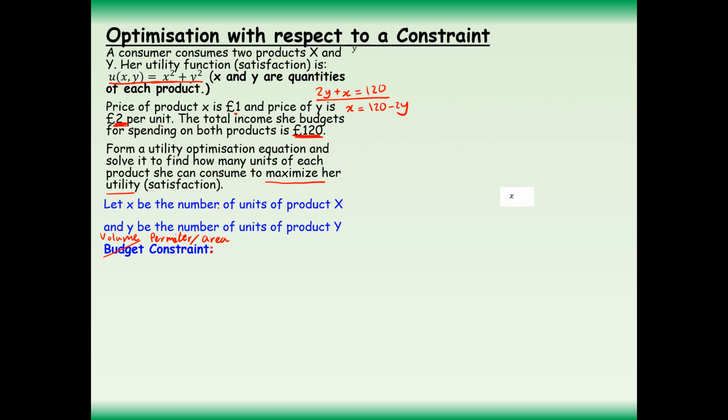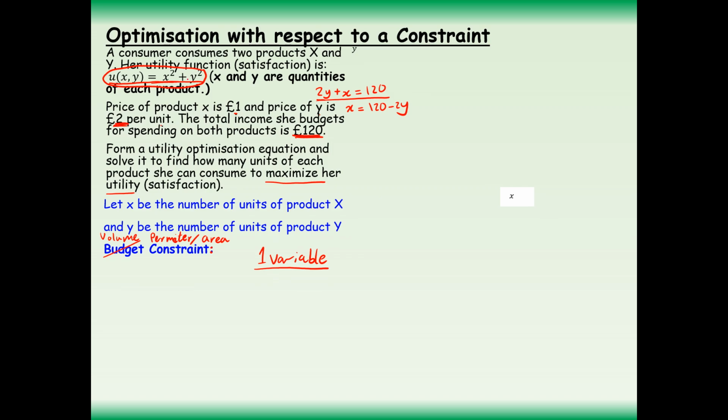Where the utility function is given to us in terms of two variables, our objective is to use that constraint to rearrange it and write the utility function in terms of one variable only, because at the minute we've learned only to differentiate one-variable functions.